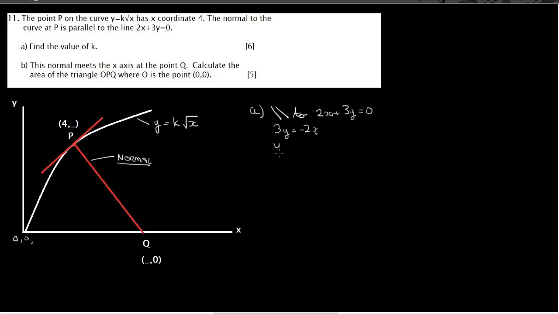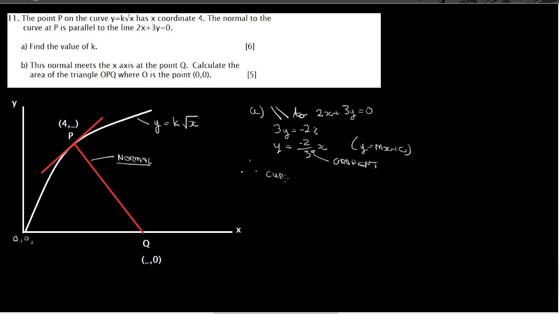So we rearrange that, we get 3y equals minus 2x. So y equals minus 2 thirds x. So that's the normal, using y equals mx plus c. So that's the gradient of the normal.